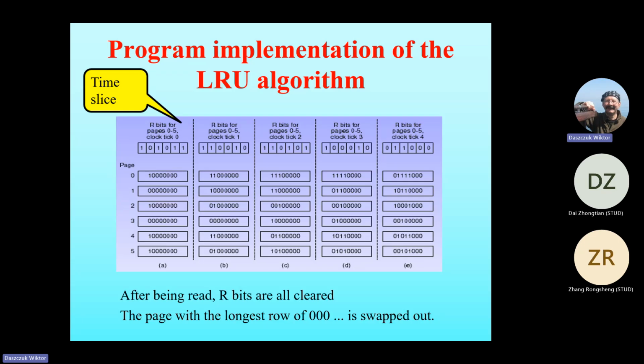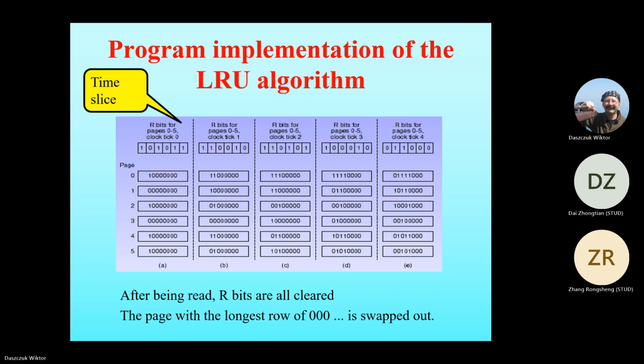Typical support that is always implemented is clearing all the R bits at once on a single write, and reading them from hardware bits to memory in a single step, not one by one, because it would cost much time to read them individually. So they should be loaded to memory in a single step.